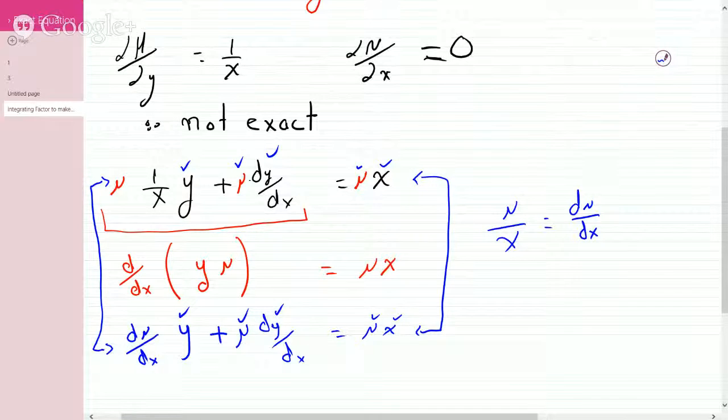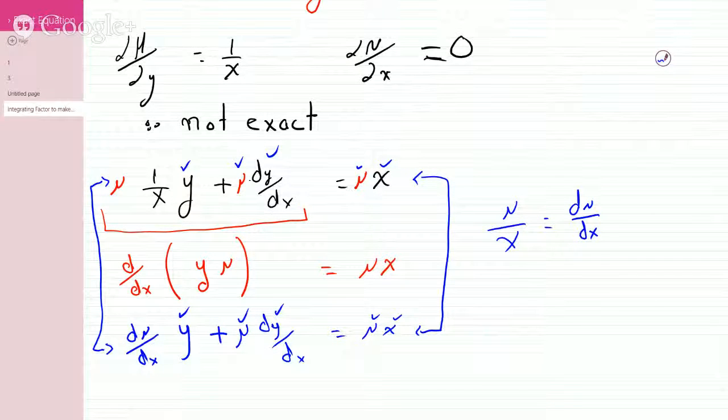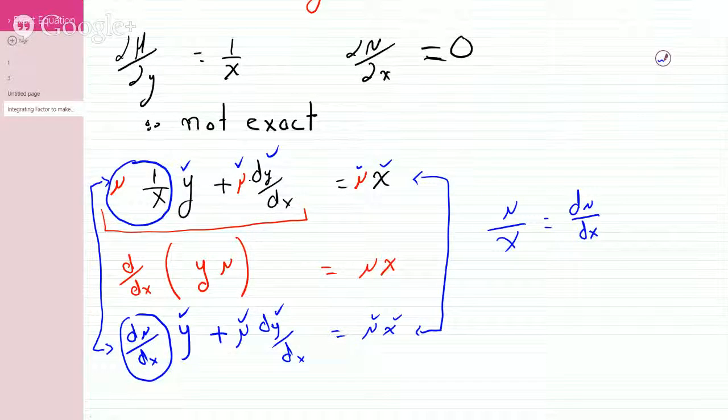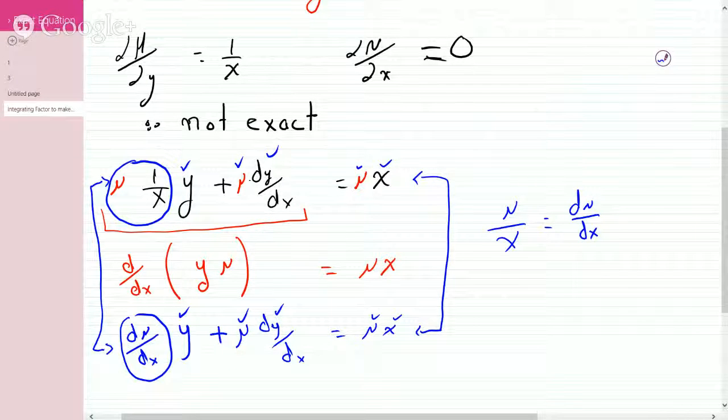Now I can solve this for mu, which is my integrating factor, because these two have to be the same for this to work. Separate the variables. d mu and dx have to be on top. So you cross multiply here and you get mu dx equals x d mu.